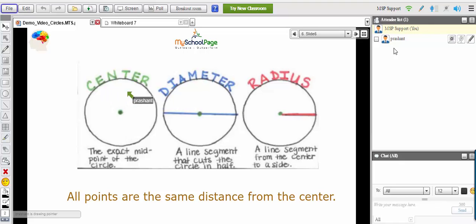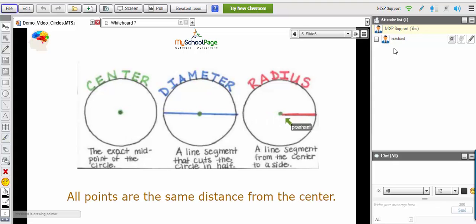Now, what is the center, what is the diameter, and what is the radius? We have to study. So the center is the fixed point from where the distance of all the points on the circle is equal. So this fixed point is called the center, and a line segment from the center joining a point on the circle is called the radius.